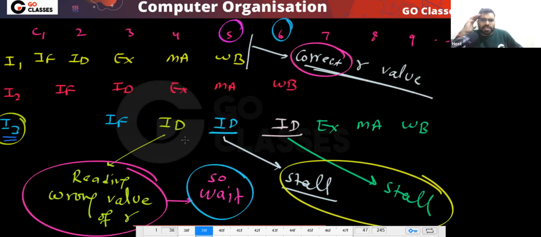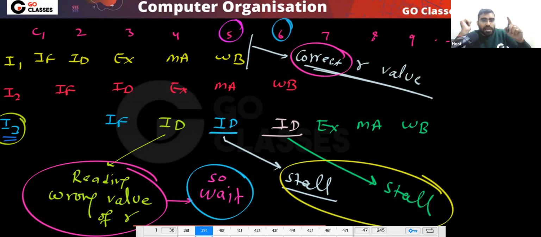You might be thinking, right, sir, why is this called a hardware solution? Anyone want to tell me why this is called a hardware solution? This is called a hardware solution because we are putting the responsibility on the ID stage. It is the responsibility of the ID stage to detect the hazard, and then you wait.